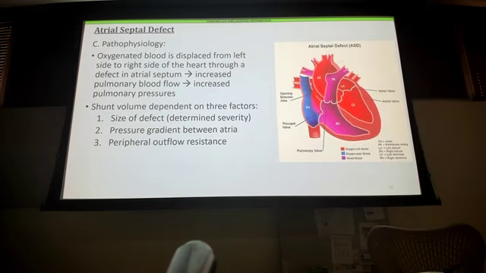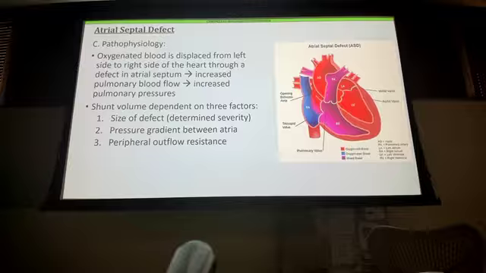So what ends up happening with an atrial septal defect? Well, ultimately, you're having oxygenated blood moving from the left atria as it comes back from the pulmonary veins, and gets sent over to the right atria because that pressure on the left side is higher than it is on the right side. So the flow goes from high pressure to low pressure, so that flow goes from the left atria to the right atria.